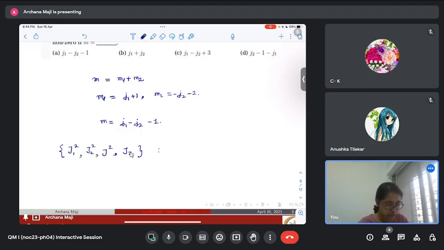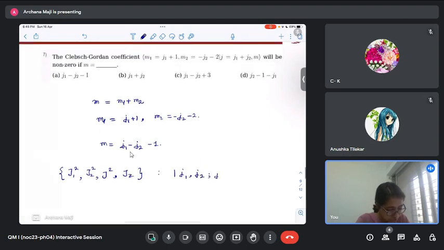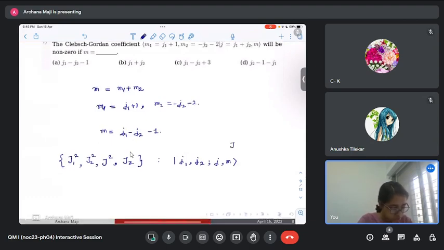Corresponding to this set, we write the state as |j1 j2 j m>, where j1 square acting on |j1, m1> gives j1 into j1 plus 1 h cross square, as we just used this formula in our previous problem.